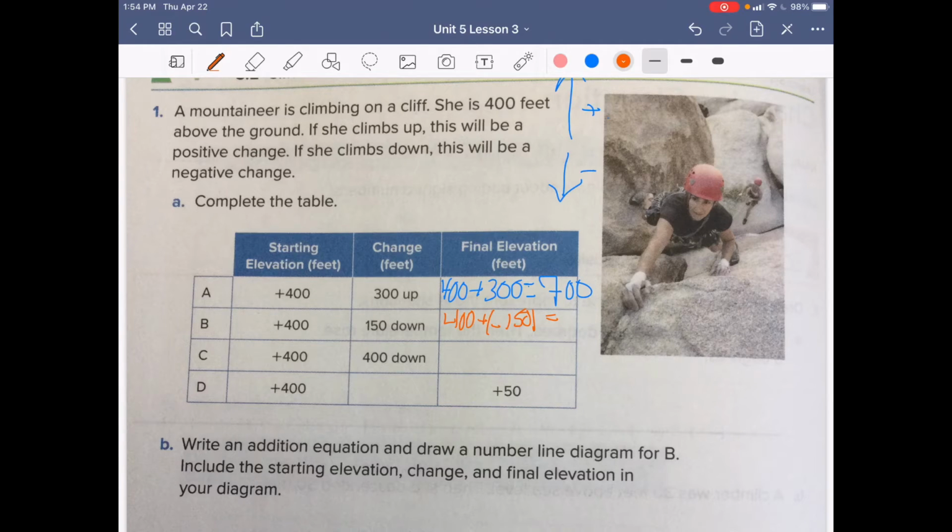It's the same as saying 400 minus 150. So if I have 400 and I take away 150, 0, this becomes a 3, 10 minus 5 is 5. So our final elevation is 250 feet.